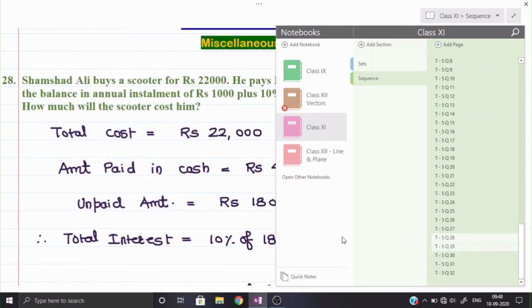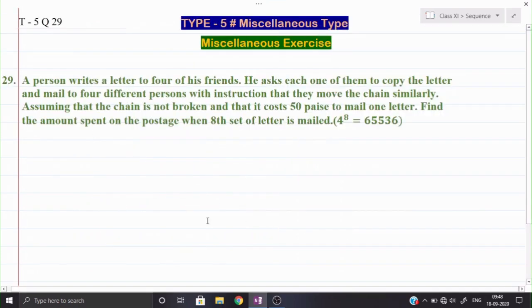Question number 29. Now see, in the 29th question, what they are saying: a person writes a letter to 4 of his friends. He asks each one of them to copy the letter and mail it to 4 different persons. Means see, suppose this is the first person and he is writing the letter to 4 different persons: 1, 2, 3 and 4.